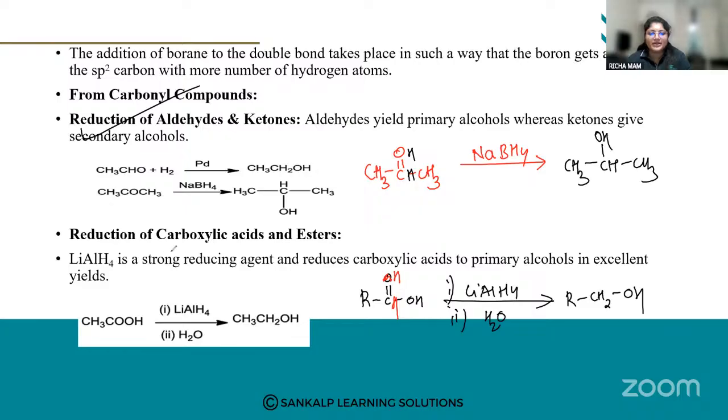So what do you mean by reducing agent? Reducing agents are used for removing oxygen and adding hydrogen. Both the oxygens are replaced by hydrogens, and we are going to get the corresponding alcohol.